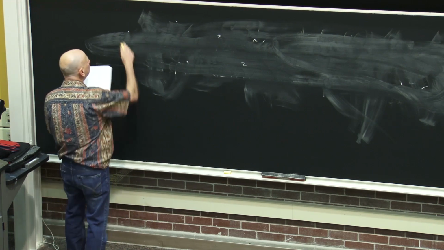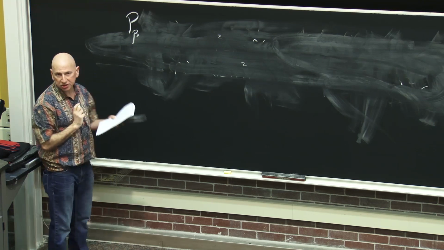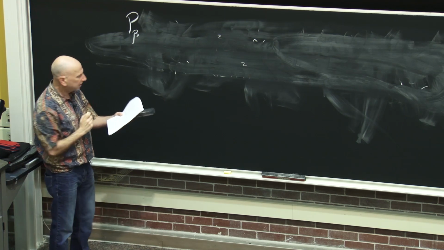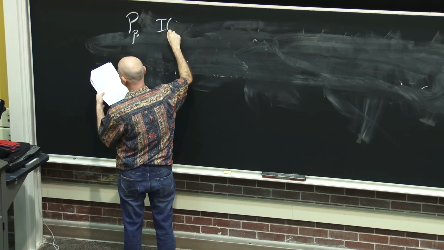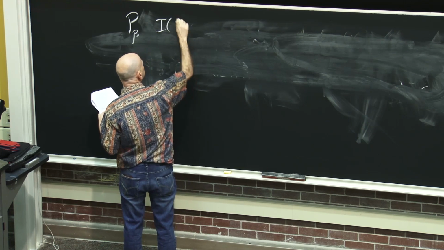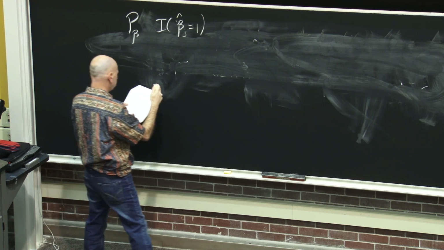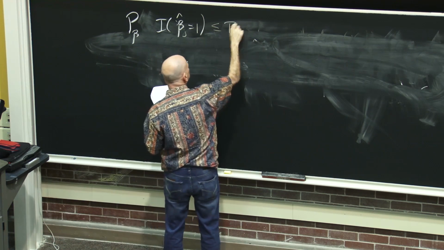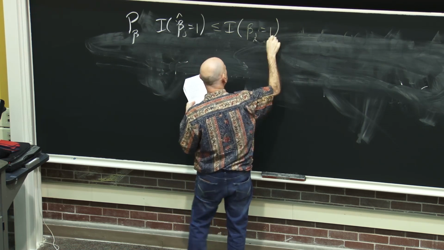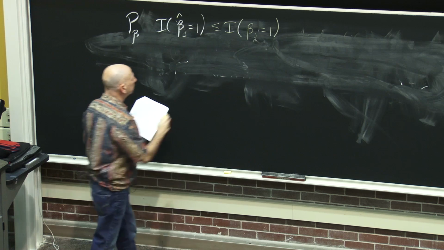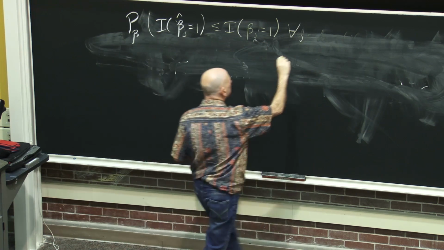What does that mean? It means that the probability, when the true value of the regression coefficient is beta, that the indicator function for some component beta j hat being nonzero is less than or equal to the indicator function of the true coefficient being nonzero, for all j, goes to 1.